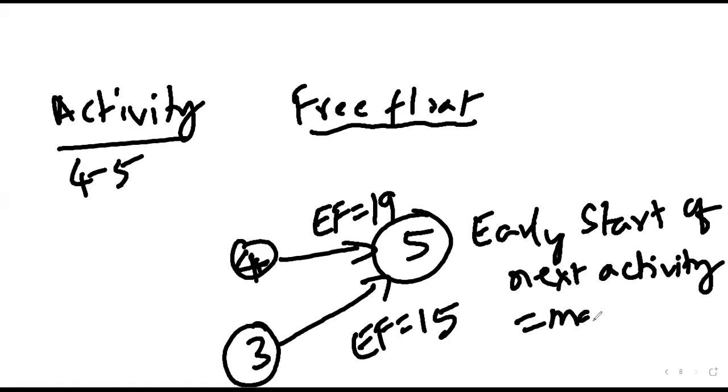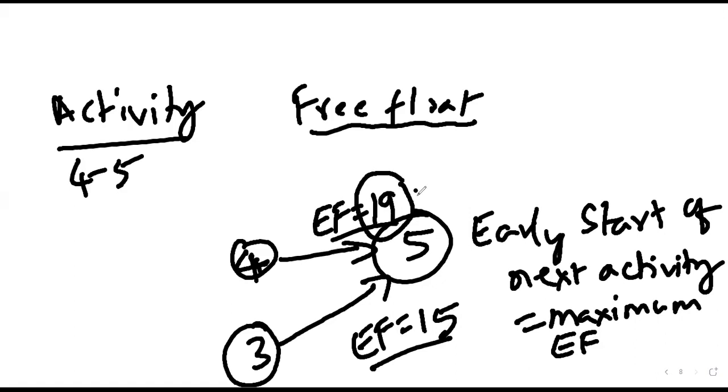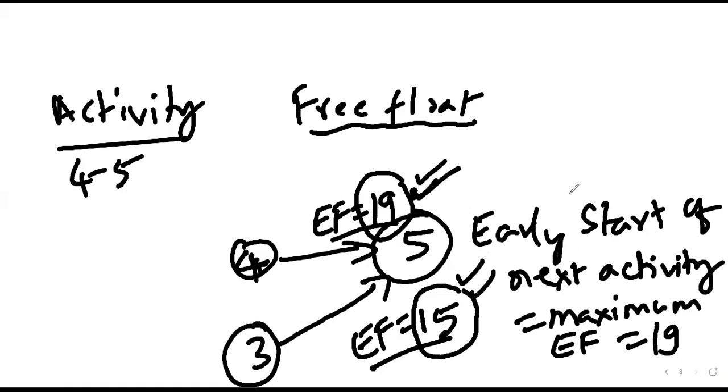Equal to the maximum EF, because early start means what? We are comparing both activities and seeing which activity actually finishes late, because as a project manager, we have to wait for both activities. So the early start is 19. Why? Because the earliest possible day by which we can finish this activity is the 15th day, and the earliest possible day by which we can finish the other activity is the 19th day. That is the reason you have to start the next activity only on the 19th.